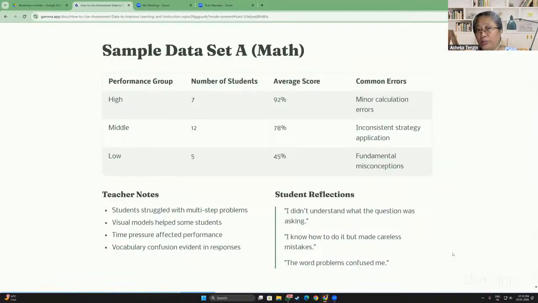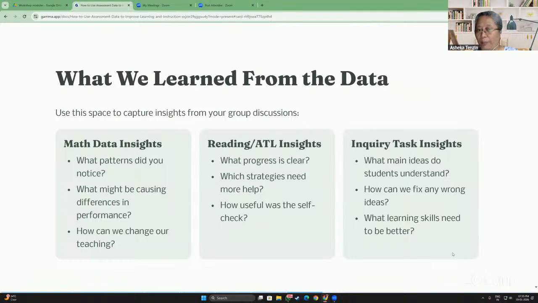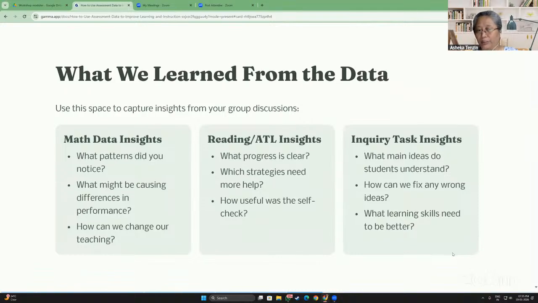There are 7 students who are performing very high, scoring 92%. There are 12 students who have scored 78%, but there are 5 students who have got only 45%. Can you see? So what patterns did you notice, what might be causing the differences in performance, and how can we change our teaching? What can we do? Because all are not doing well, right?